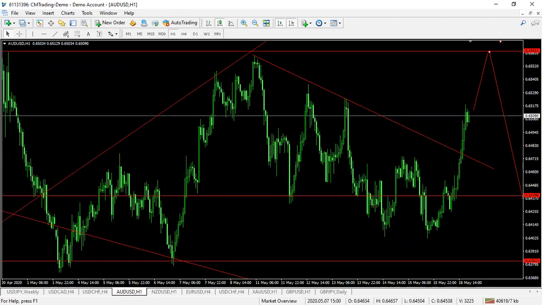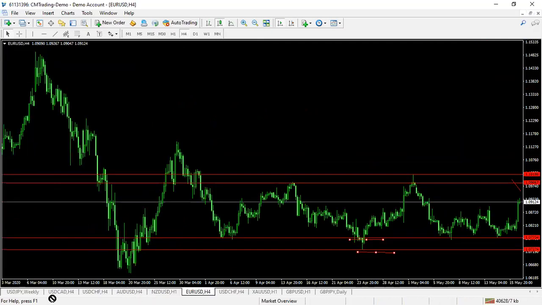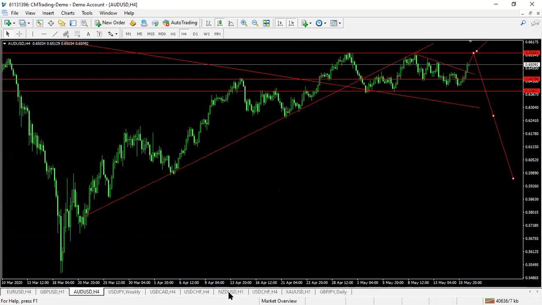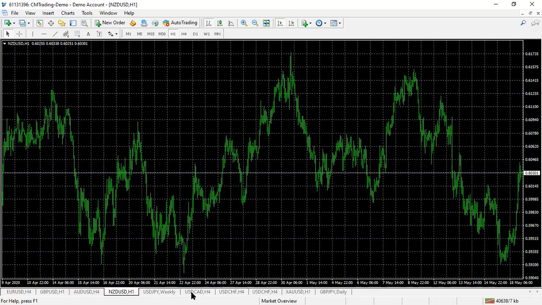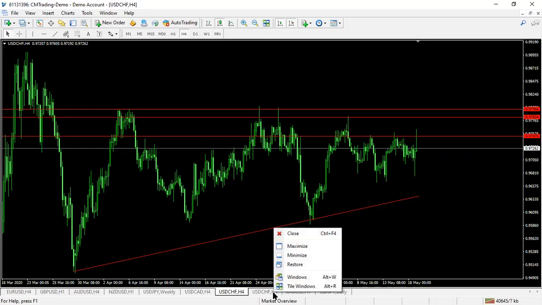Then when it comes to trading the USD currencies, there are a few things you need to pay attention to. The first thing is Euro USD, GBP USD, Aussie USD, New Zealand USD, then there is USD JPY, USD CAD and USD CHF.